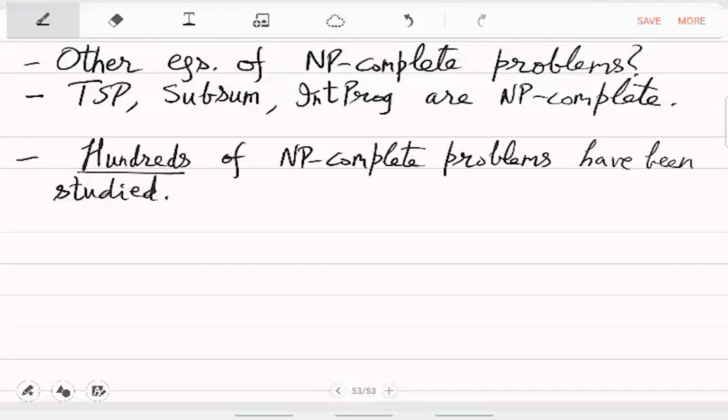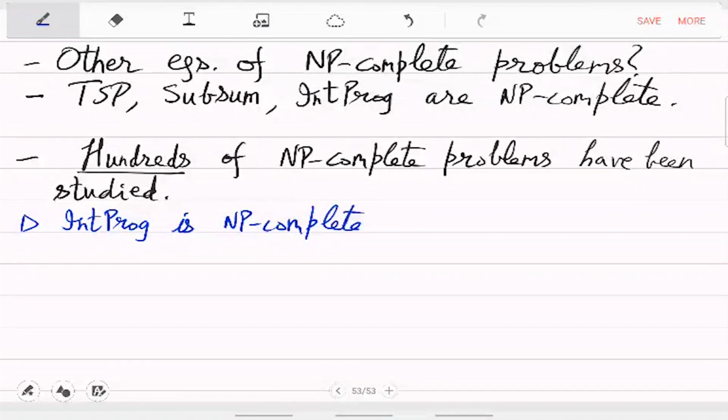So let us show that integer programming is NP-complete. Let's see the proof sketch. We have already shown that it's in NP.